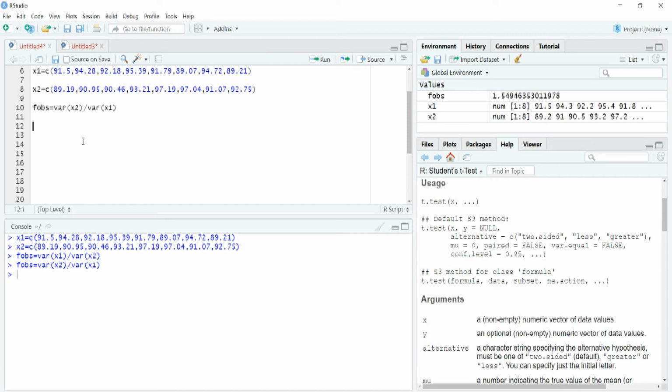Now we have F observed, so we can perform the F-test to verify whether there is homogeneity of variances, or homoscedasticity. So let me write here: the homoscedasticity test is the F-test that we are performing here.